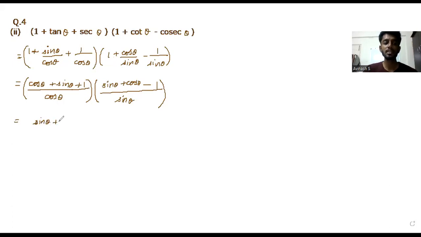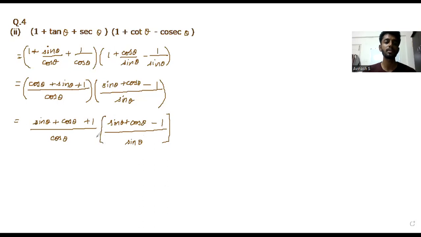So I'm just rearranging the terms. I'm writing this as sin theta plus cos theta plus 1 divided by cos theta, and here we have sin theta plus cos theta minus 1 divided by sin theta.